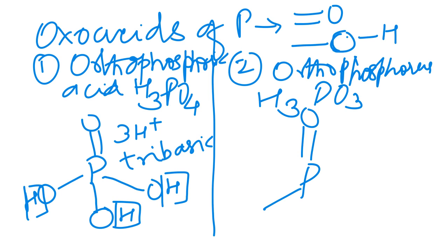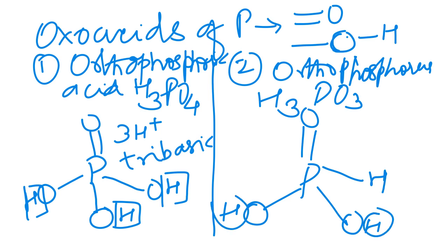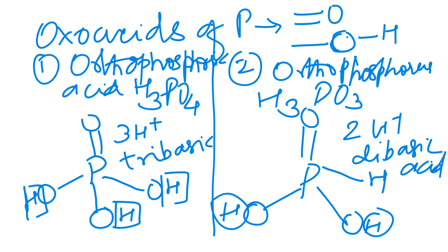Then how many oxygens? Only 2 are there now. Okay. So attach the hydrogen with these. So 2 hydrogens are also over. Only 1 hydrogen left. So that will be directly attached to the phosphorus. So how many hydrogen atoms can it release? 2 H plus it can release, so it will be what? Dibasic acid. I hope you understood. Then let us go to the next.